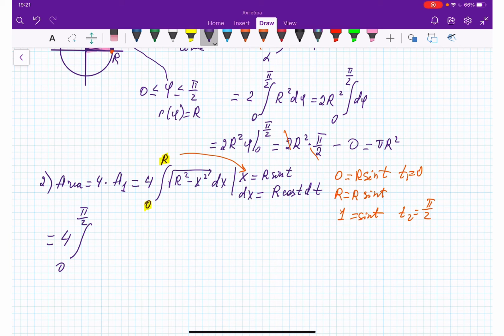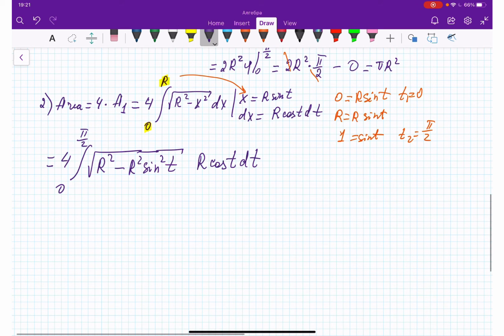Okay, and now what I'm going to do, I'm going to change this square root of r squared minus x squared. Let me rewrite right here. r squared, instead of x, I'm going to plug r squared sine squared t, right? Substitution. And dx is going to be r cosine t dt.